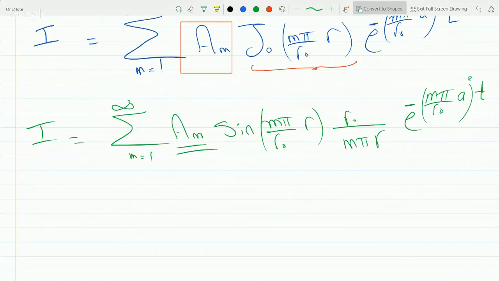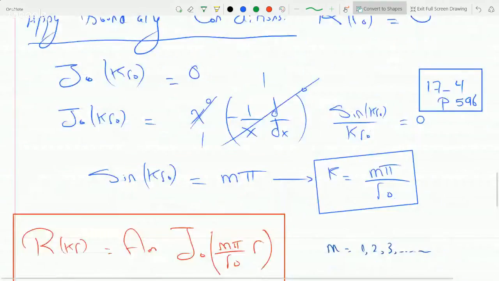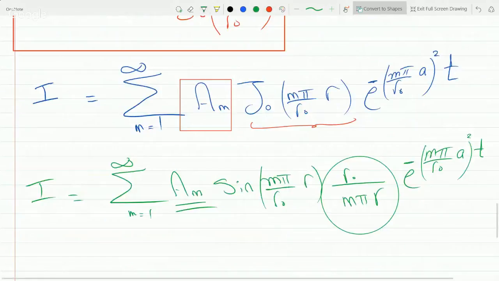Then we have the extra term. This extra term came from the definition of the Bessel function that I just used a moment ago. If you plug it into equation 17.4, page 596, you would get an extra term because you don't have an x here. You have m pi over R0. Your x there is m pi r over R0.